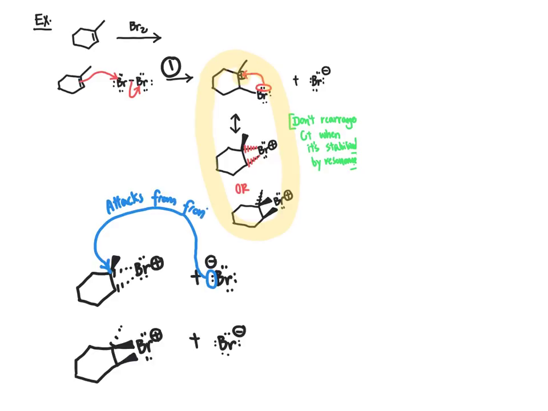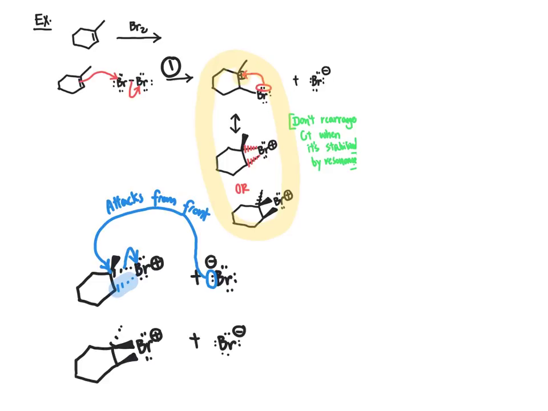It attacks from the front of the molecule as the carbon-bromine bond breaks right here to release that bromine, and that first bromine that was bonded there is still going to be bonded to the rest of the molecule as a dash. See that dash right there? We haven't done anything with that, so it's going to stay as is.